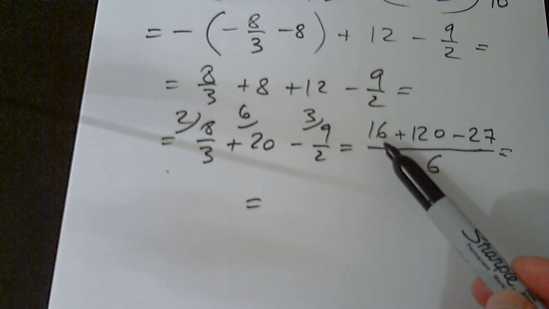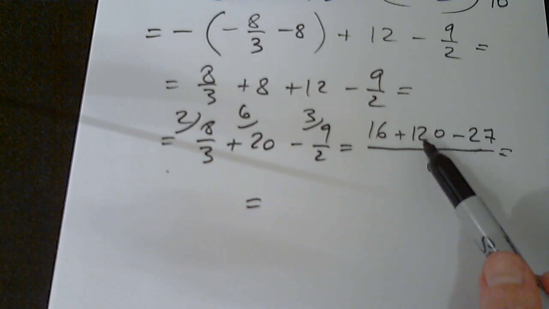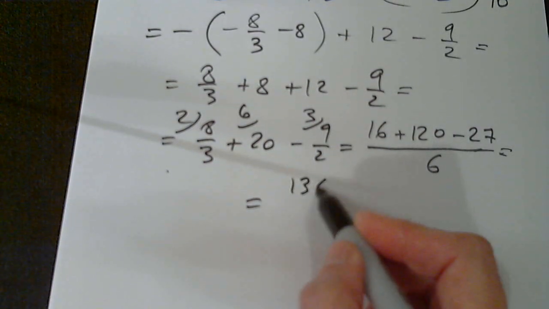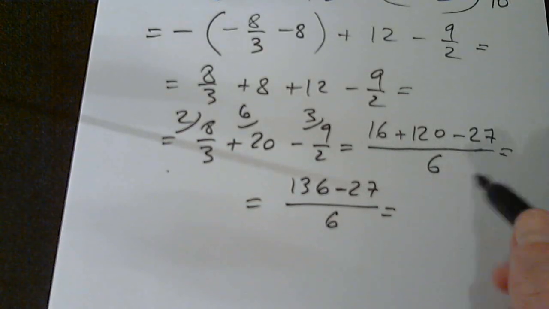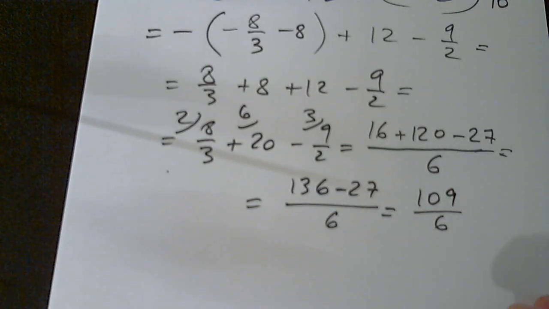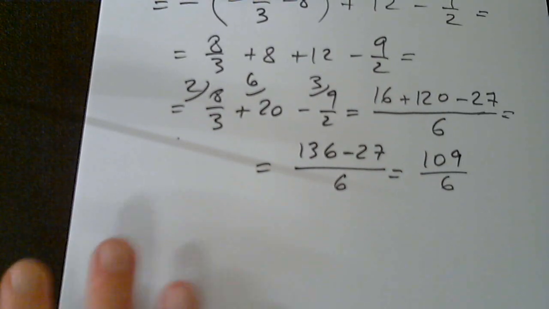So 16 plus 120 is 136, minus 27, divided by 6. So this is 109 divided by 6. Of course, you can check with a calculator and see if you get the same thing. Is this okay?